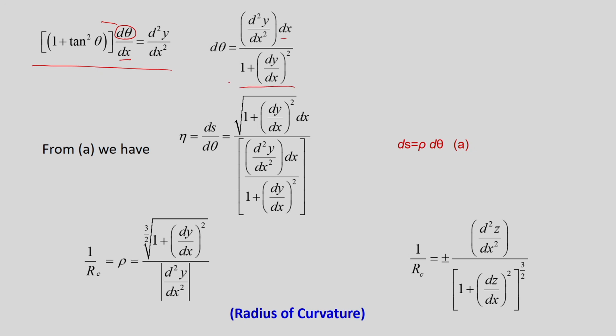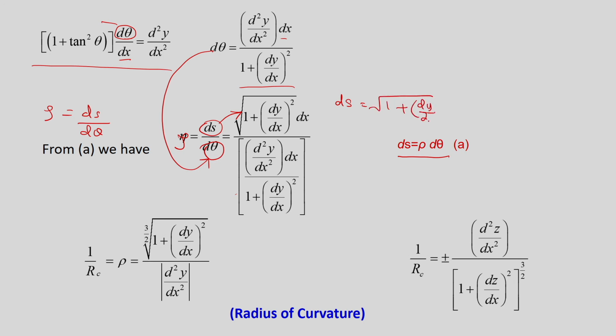Okay. Now, you simplify this further because you know from the first expression this rho is nothing but ds by d theta. Ds expression you know from earlier, and d theta you take out from this expression, and ds you know from the earlier expression is nothing but 1 plus dy by dx whole square. Okay. So, that you have inserted here.